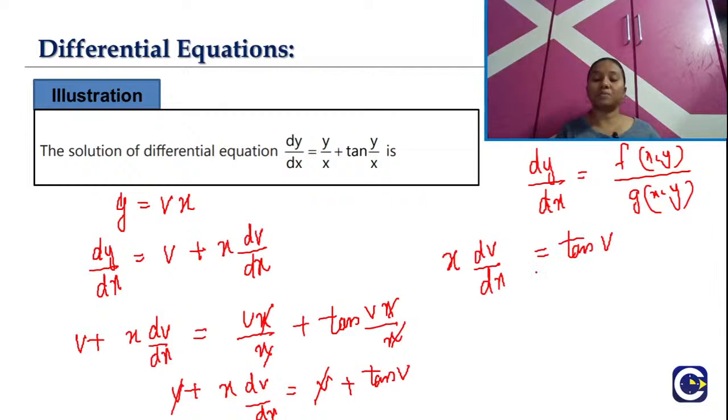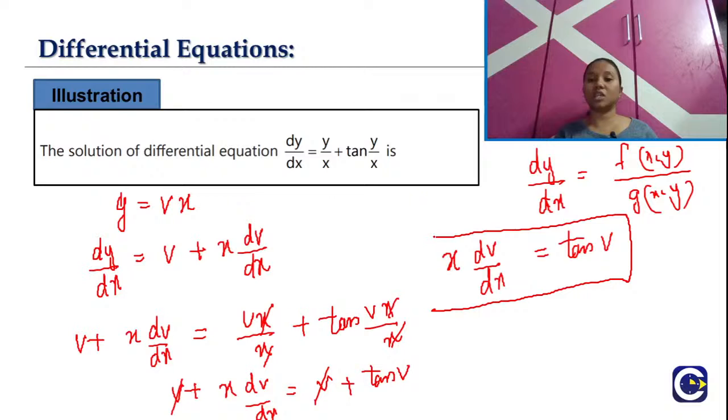Now if you observe, our equation is having two variables, x and v, and it has turned into our variable separable method format. So how can we rewrite this?